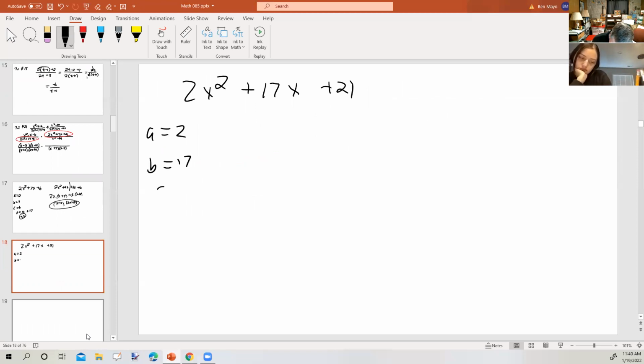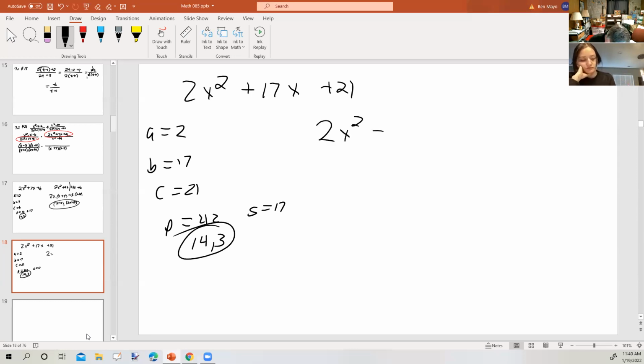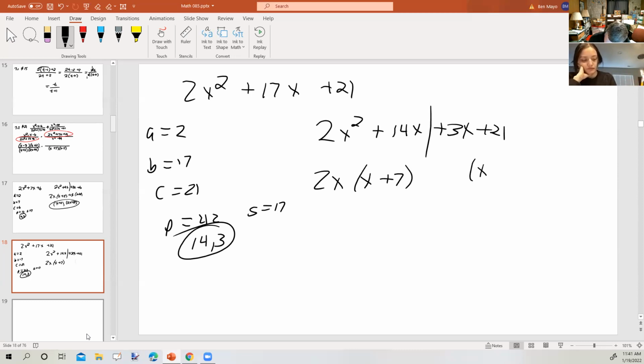A is 2, B is 17, C is 21, product is 42, sum is 17. How about 14 and 3? Okay. So 2x squared plus 14x plus 3x plus 21. Group it, take out 2x, x plus 7 left over, x plus 7 left over, take out a 3.